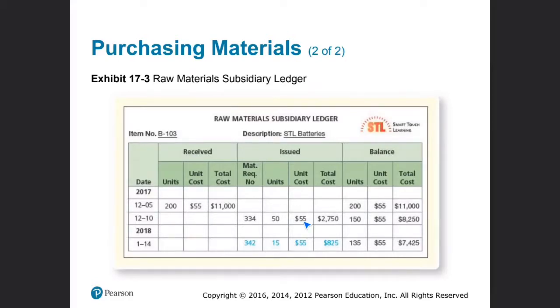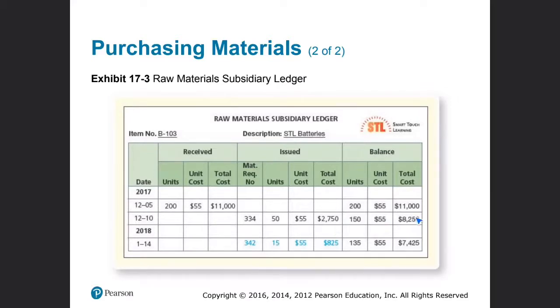We're going to issue those at the amount of money that it cost us to buy them, because we're issuing them to another department in our facility. More than likely we're giving them batteries to put in the tablets themselves, so it'll probably roll into our cost of goods sold. So we're going to record it at the cost paid for.